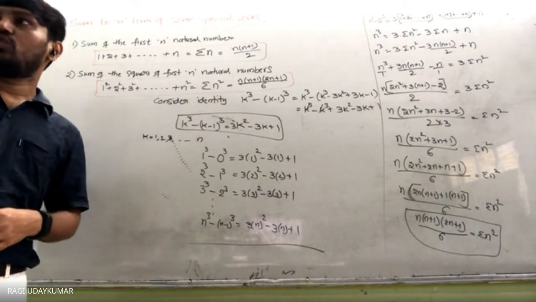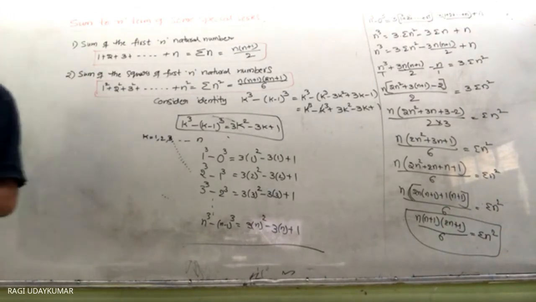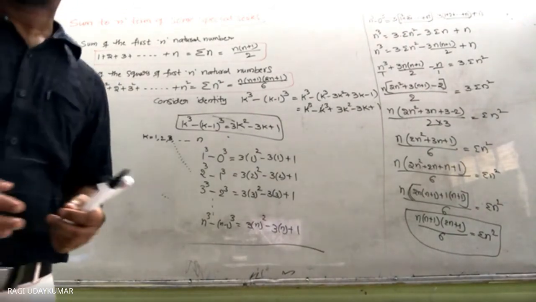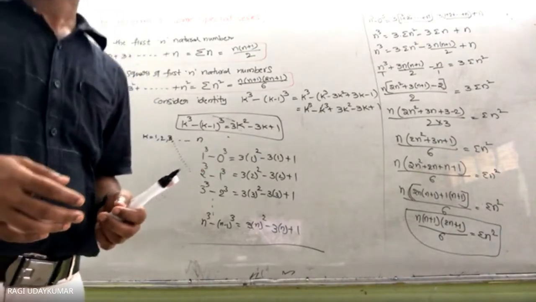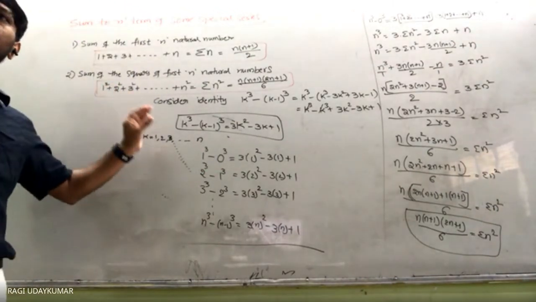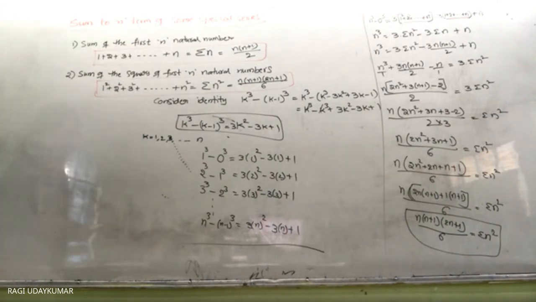So क्यूब आने के लिए we need to take an identity, एक identity लेना. Okay, समझ में आया ना?